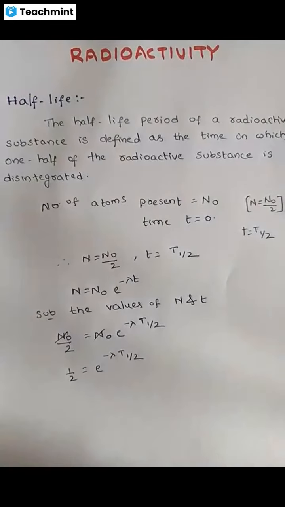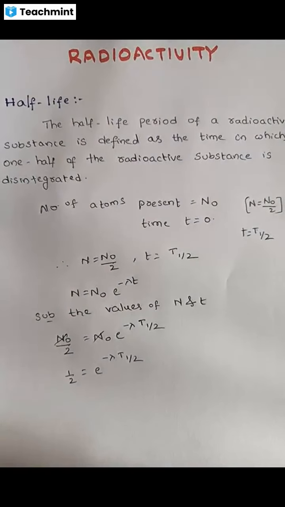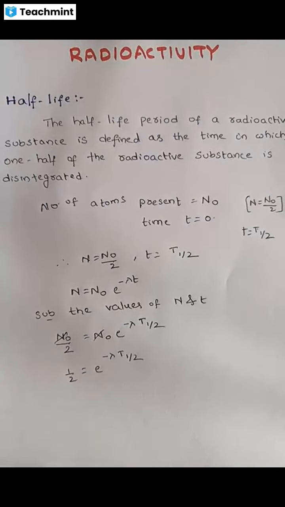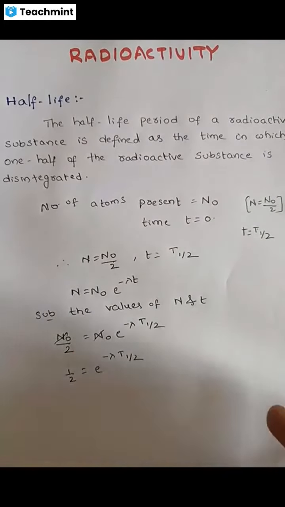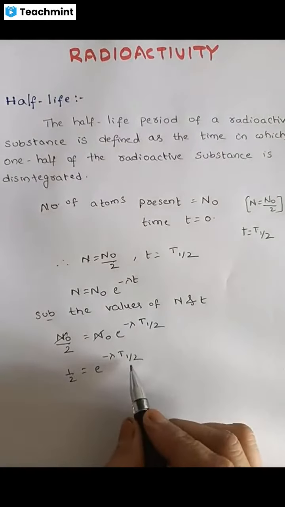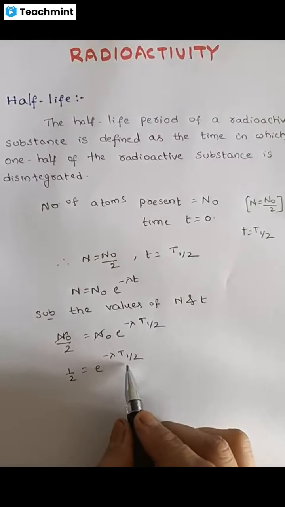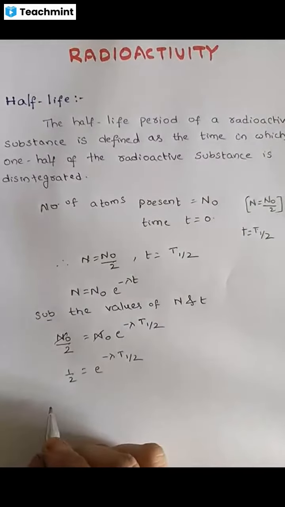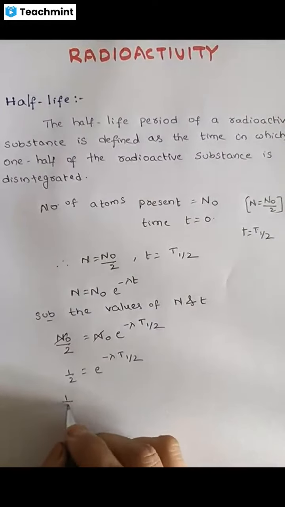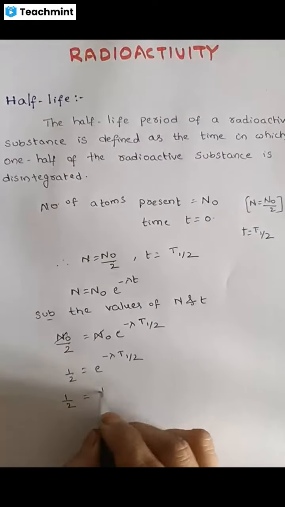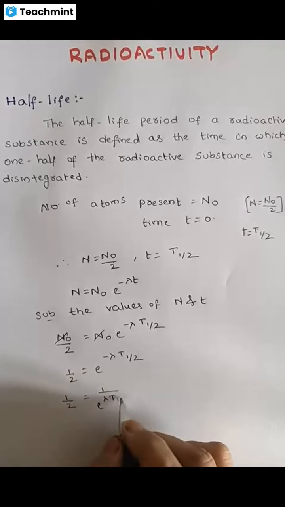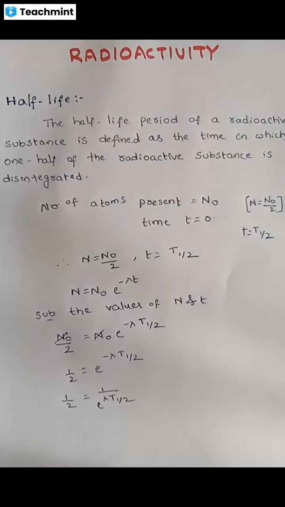When we are doing derivations like this, we have to always remember what we want to derive. We want to derive the half-life time, that is t half. So we want the formula for t half. For that, we can write half is equal to 1 by e power lambda t half, because here it is minus.